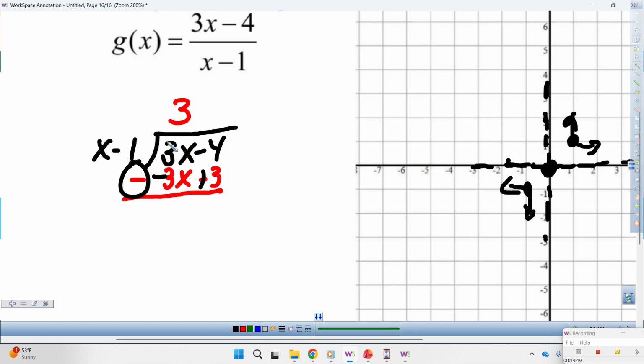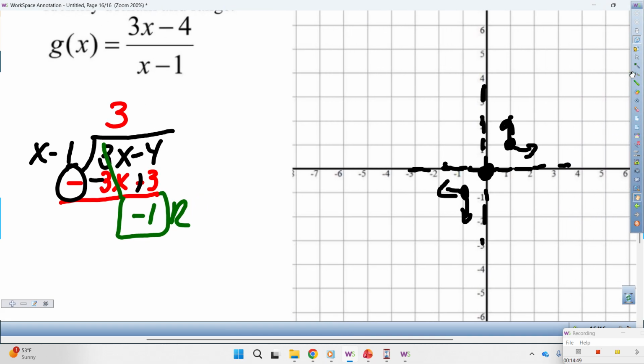These cancel. We're left with negative 1 as remainder. So far so good, yes? So the answer is 3 plus the remainder of negative 1 over x minus 1, which is this part.